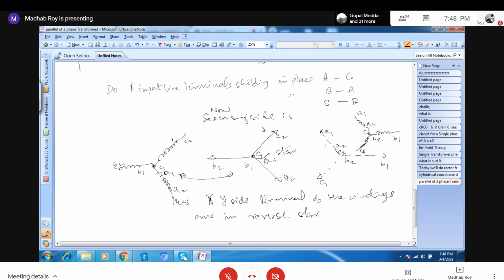So now, instead of this, if we do this type of connection, can we say that this phasor will arise? So this is giving this phasor, this will give this phasor. Can we say that? Do you understand this point? Do you understand this point?